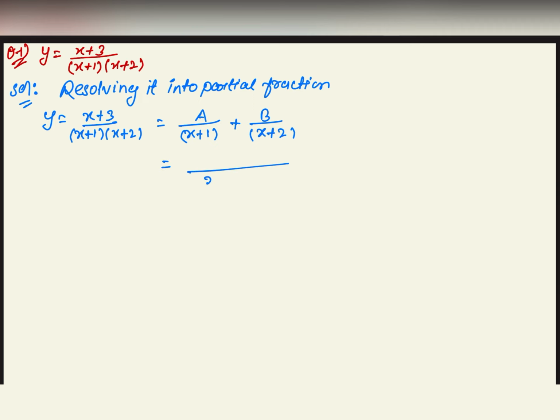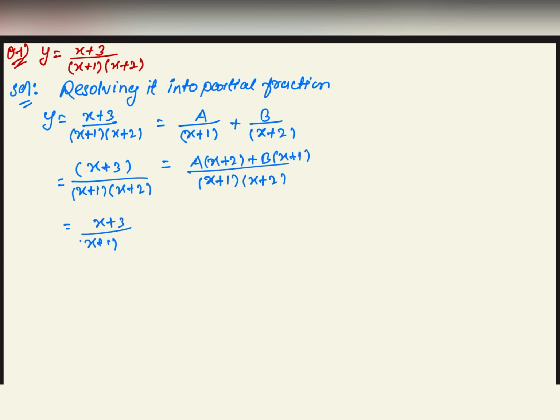Taking LCM x plus 1 x plus 2, that is a times x plus 2 plus b times x plus 1. तो ये x plus 3 by x plus 1 x plus 2 is equals to a, x कॉमन आ जाएगा तो x into a plus b plus 2a plus b divided by x plus 1 x plus 2.